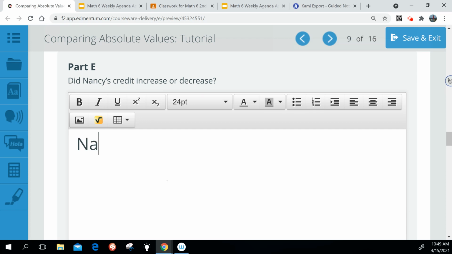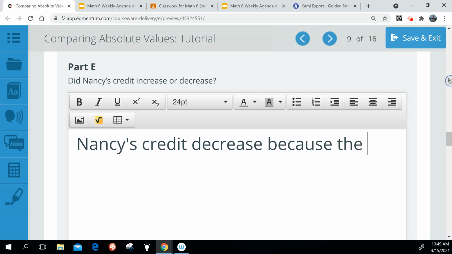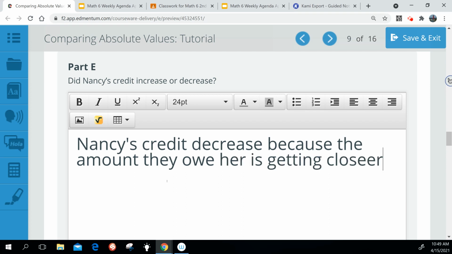So Nancy's credit decreased because the amount they owe her is getting closer to zero, right? So they used to owe her $25.66, and now they only have a credit for $9.66 on there.